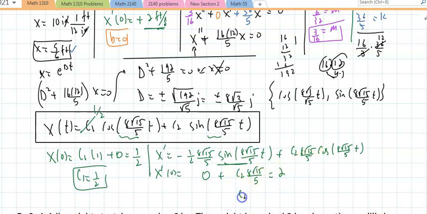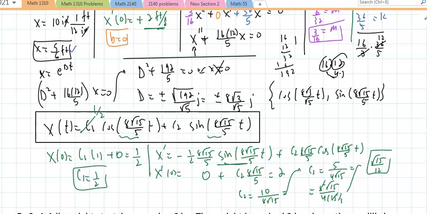So that means c sub 2 is actually 10 over 8 radical 15, which divided by 2 is 5 over 4 radical 15. If you rationalize, that is 5 radical 15 over 4 times 15, and 5 divides 15 3 times, so radical 15 over 12.